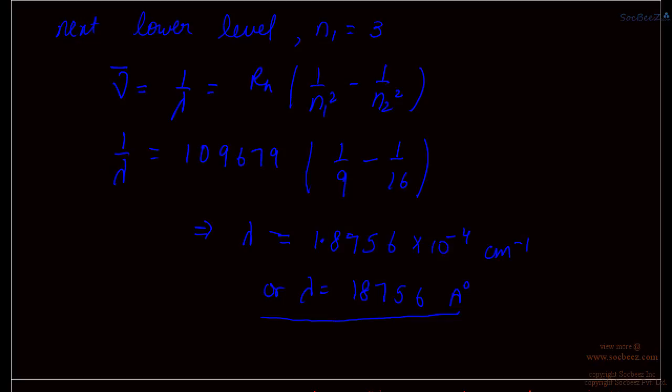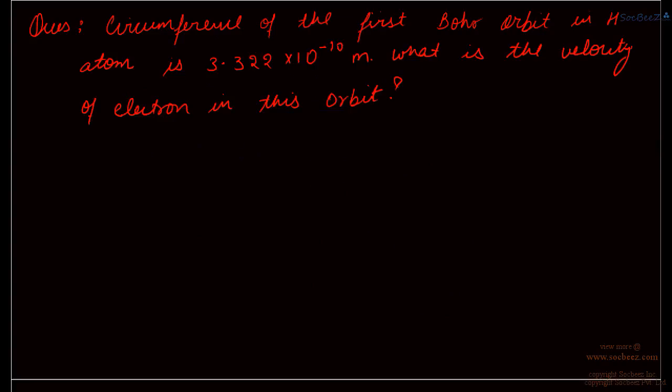This was what we were supposed to find. All the values of constants will be given to you in the question. In this case, the value of RH will also be given to you whenever it is asked. So you don't need to remember constant terms, although it is highly recommended that you do so. Anyways, going on to the next question.